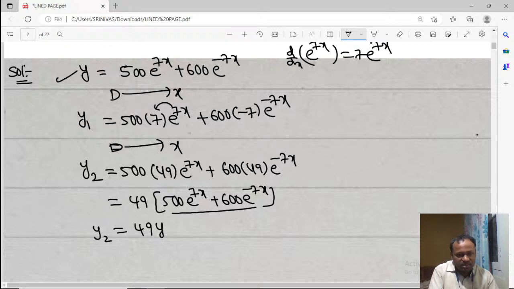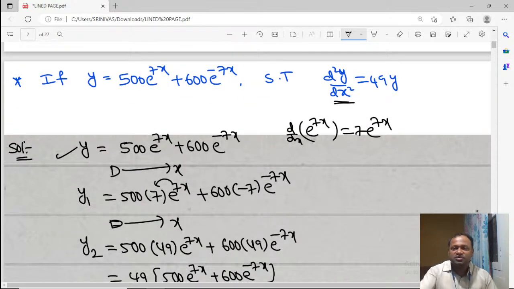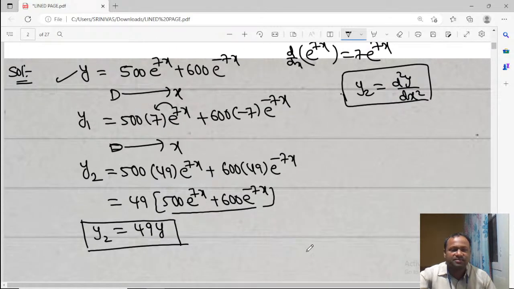So y2 is equal to 49y. This is the required one. y2 is nothing but d square y by dx square. So in very simple steps we got the answer.